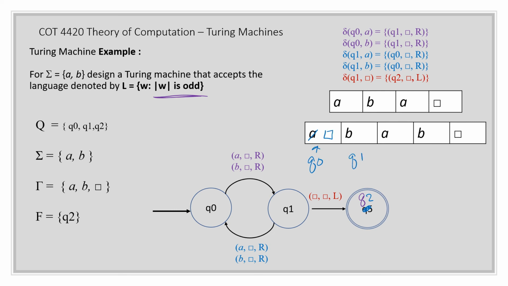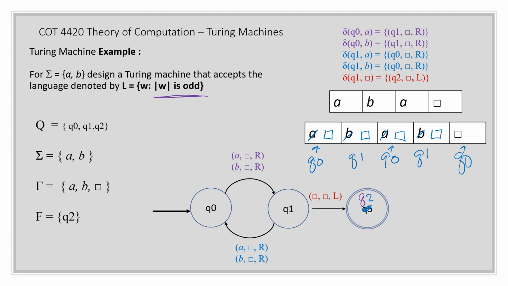I'm in Q1, change this to a blank, go back to Q0. I'm in Q0, change this to a blank and go to Q1. I'm in Q1, change this to a blank and go to Q0.